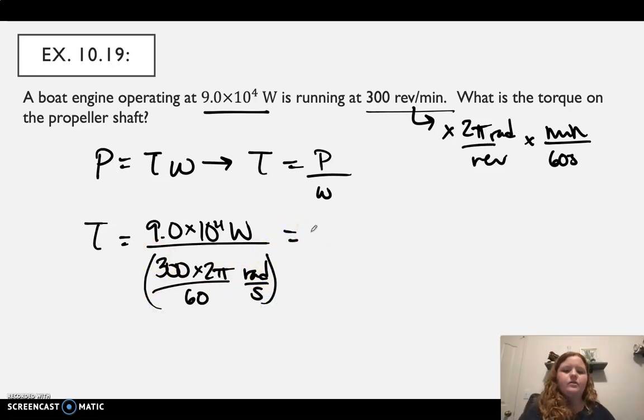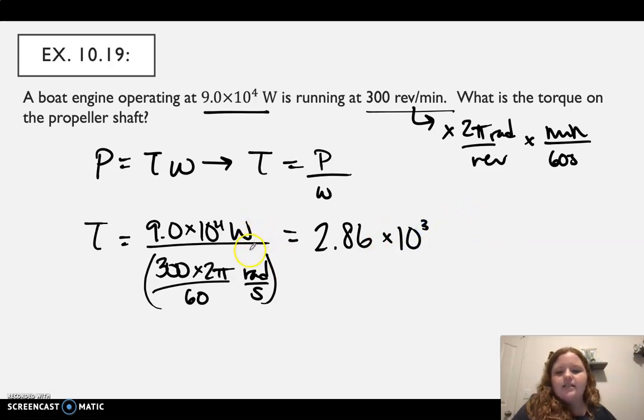Okay, so let's take that bottom piece first. So 300 times 2 pi over 60, and then we'll say 9 times 10 to the 4th divided by that answer. So we get a torque of 2.86 times 10 to the 3rd.